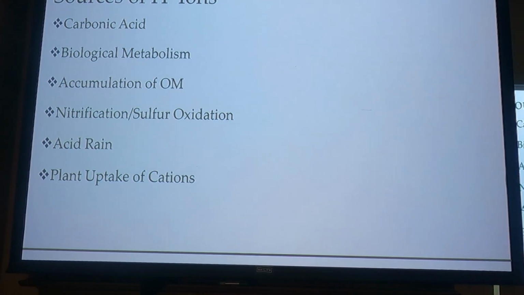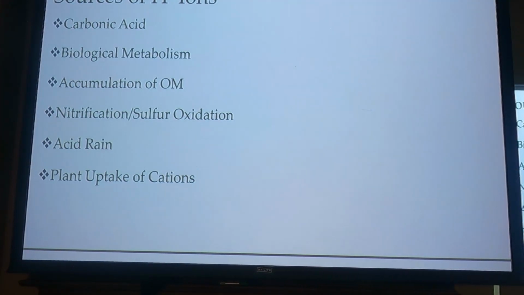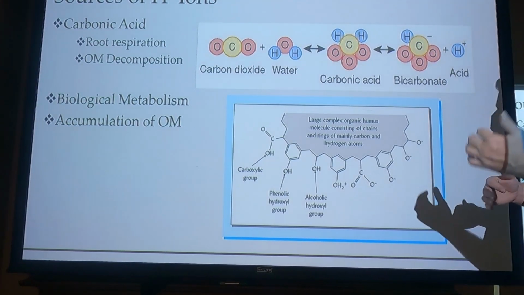These hydrogen ions are going to come from carbonic acid. Again, I mentioned nitrification and sulfur oxidation, acid rain, and then plant uptake of cations. And I'm just going to briefly go over where we would get these hydrogens from. So for carbonic acid, plants give off carbon dioxide during respiration.